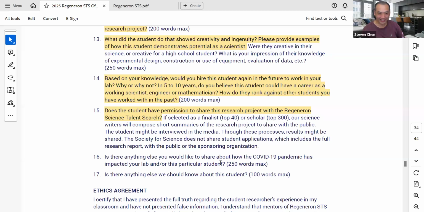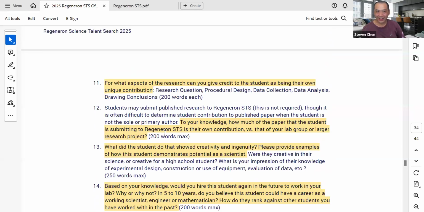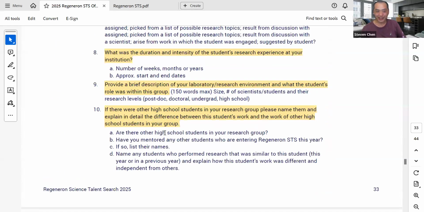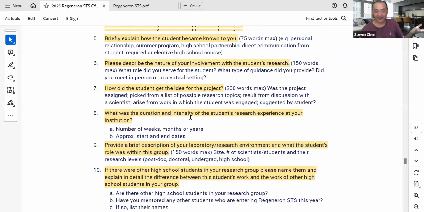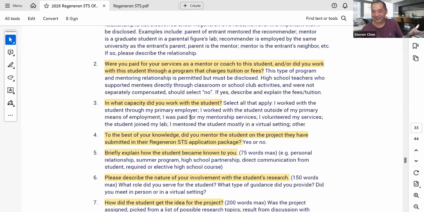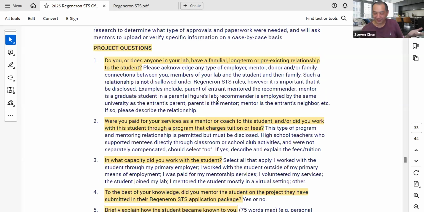For each response, the word count is about 100 or 200 words. Think about it: if each response is about 100 or 150 words, and there are 15 questions. Wow. Your recommender has lots of work to do. That's why you need to contact your recommenders as early as possible to give them sufficient time to write their recommendation letters.